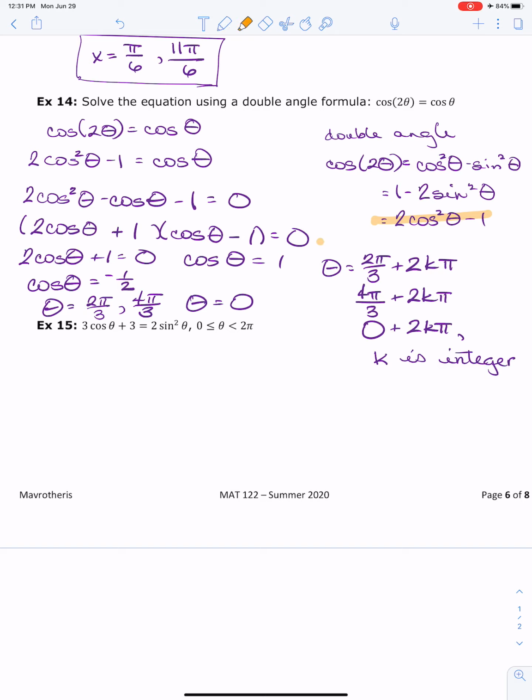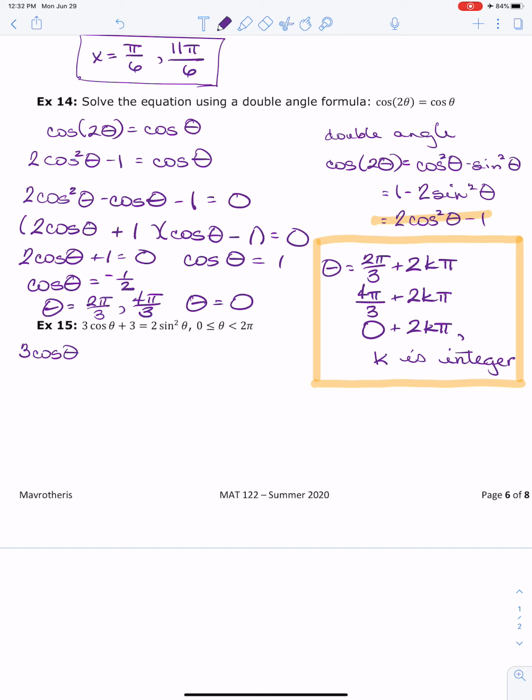And let me separate this because I'm infringing on that bottom space just a little bit. Started writing really big. Okay. Last one, I got 3 cosine theta plus 3 equals 2 sine squared theta. And we saw one of these in the last couple of pages. I really don't want to work with both cosine and sine, given that my sine is squared, so I can rewrite that using the Pythagorean identity.